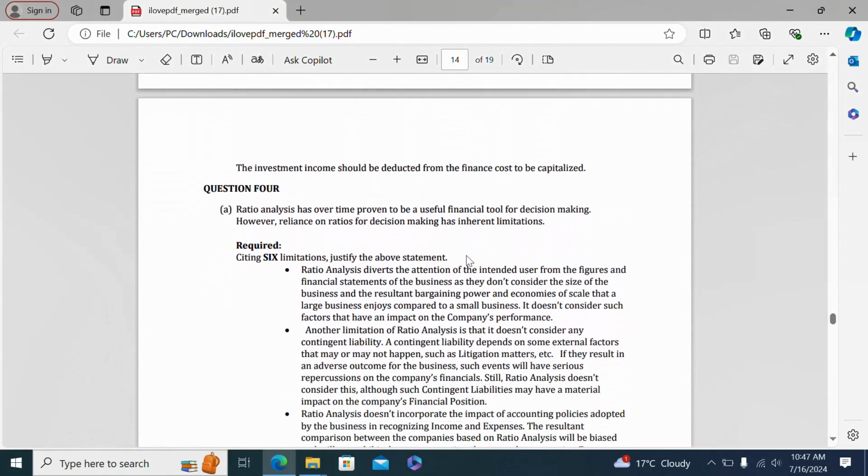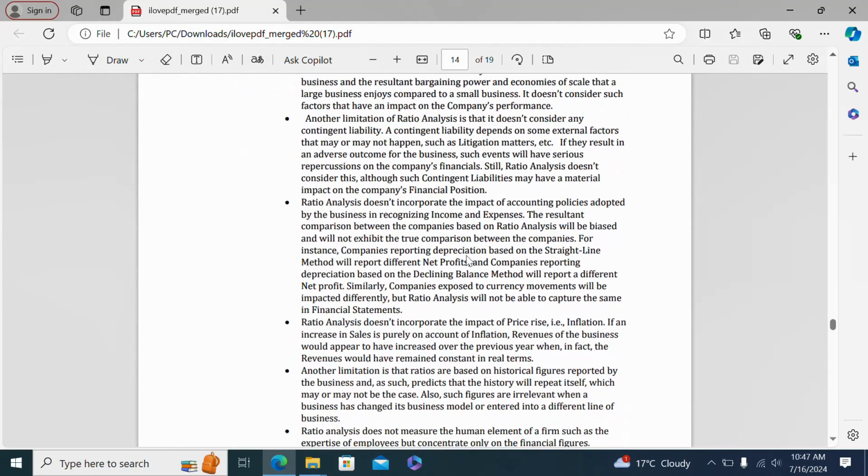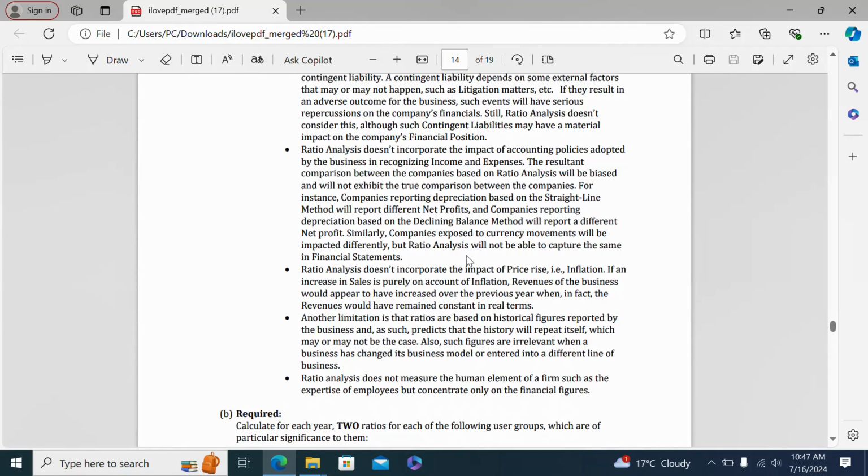Then question 4, the limitations of ratios and explanation.